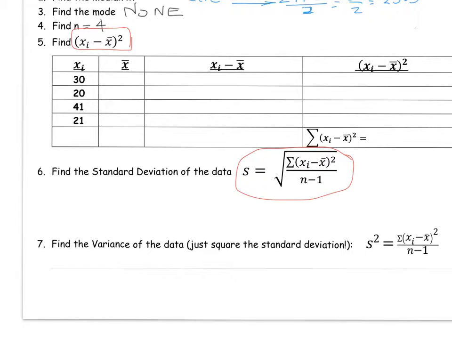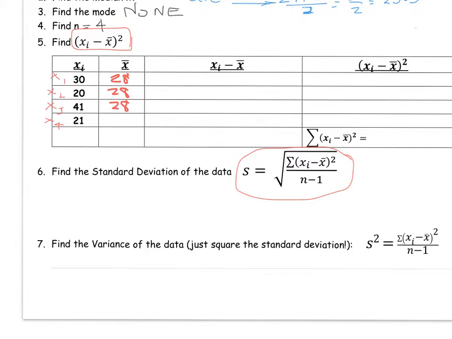We need to find the sum of each difference from the mean. Each x value is on the left side, our x sub i's: x sub 1 is 30, x sub 2 is 20, x sub 3 is 41, and x sub 4 is 21. For each x bar value, they're all the same. x bar is the mean, so 28 will go in each slot here.